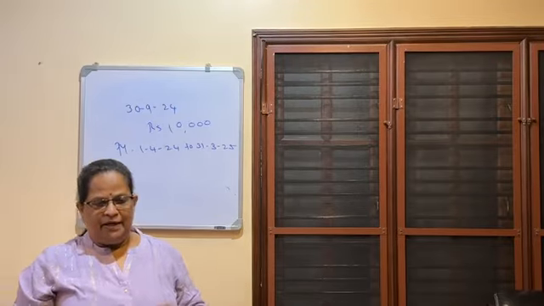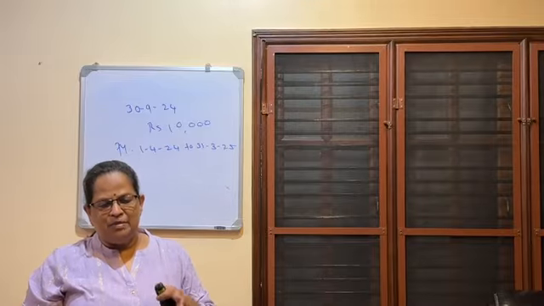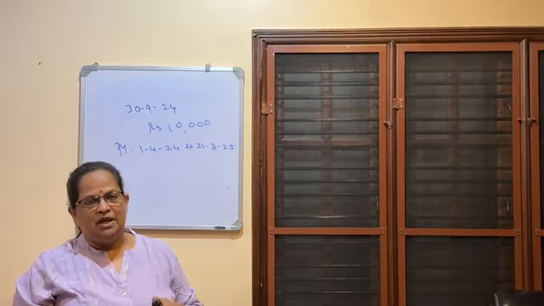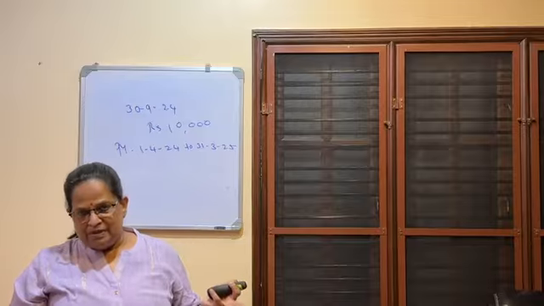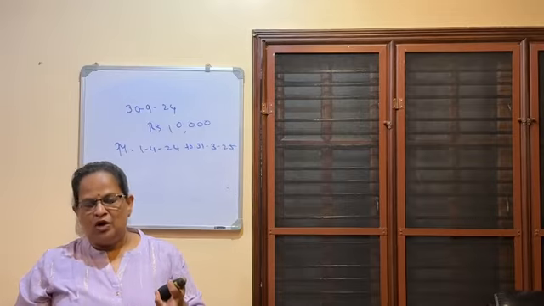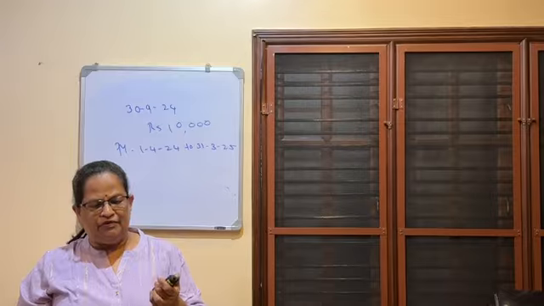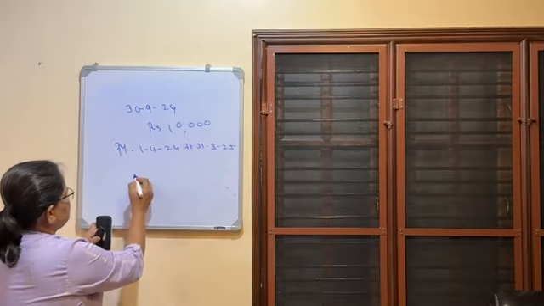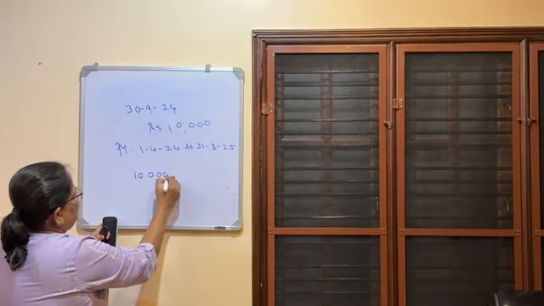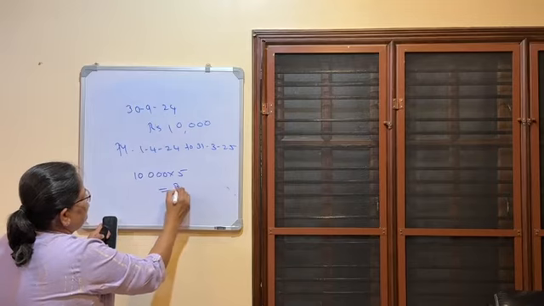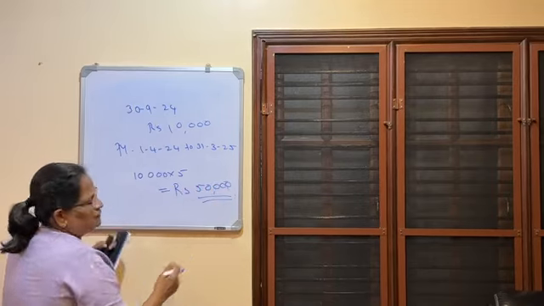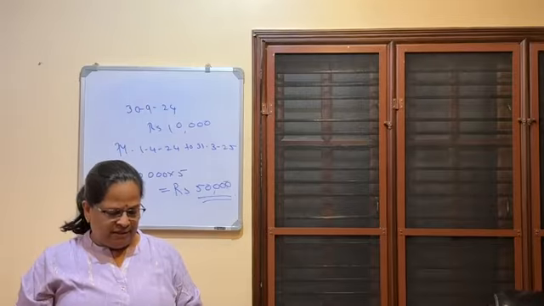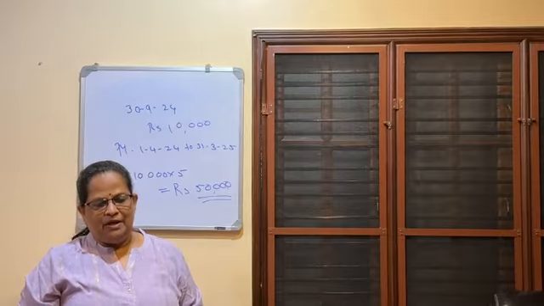September he retired. He did not commute his pension. Pension becomes payable on the first day of the next month. So October he will not get. November only he will get. September pension will be payable on November 1st. November, December, January, February, March: for 5 months, 10,000 into 5, rupees 50,000, fully taxable uncommuted pension. So this is the second problem I wanted to explain.